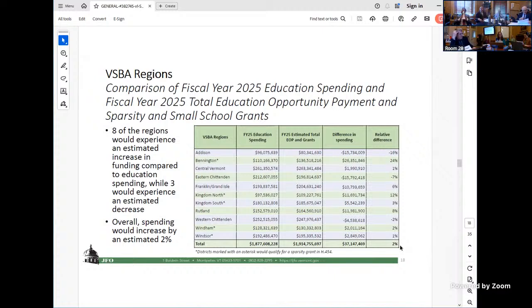It's really the structure of the formula. What are the policy decisions of providing that? Right. When you think about what determines the numbers of the total education opportunity payment and grants, you've got your constant, the number of kids. That's not a policy choice, how many kids are in school.